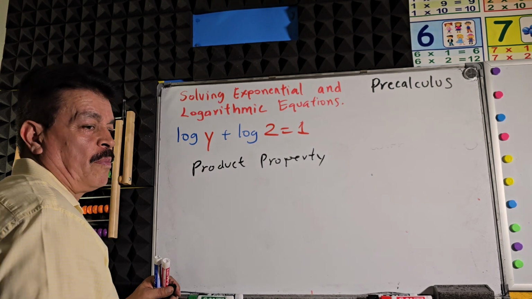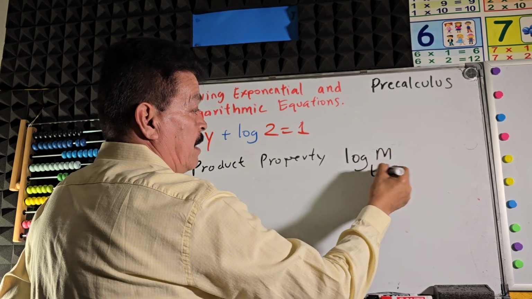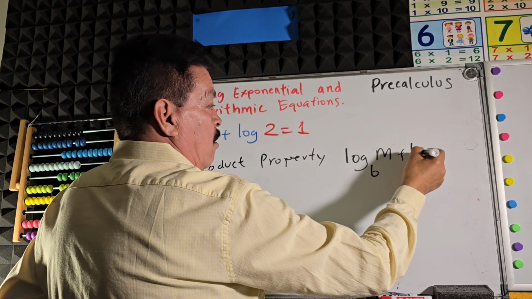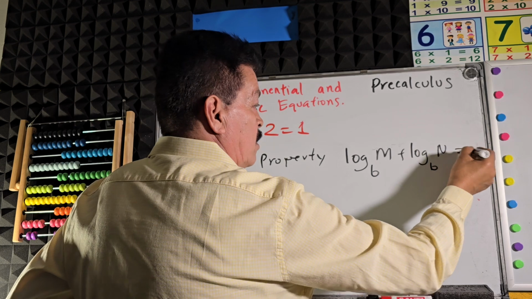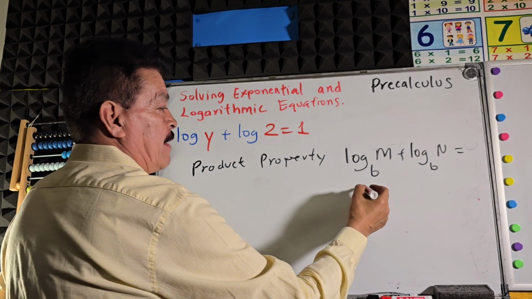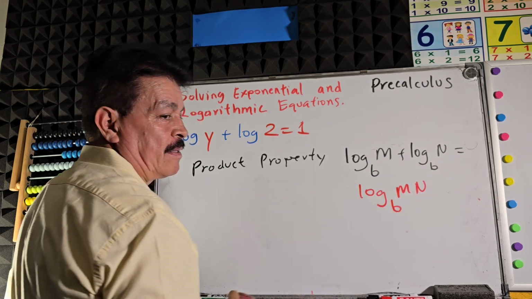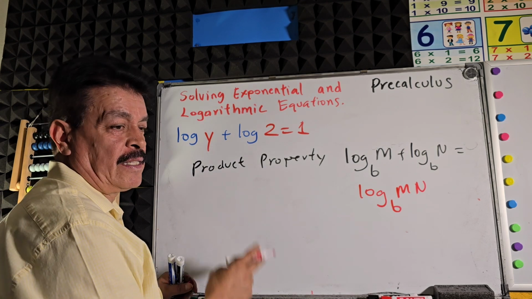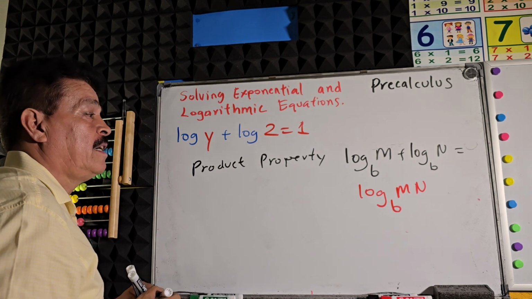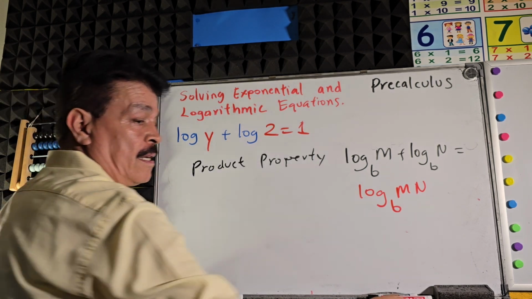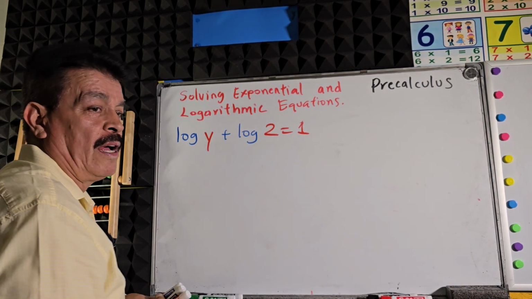It is like this: log of m with the base b plus log of n with the base b equals log of m times n with the base b, where b, m, and n are greater than 0. After this, let's solve our problem.